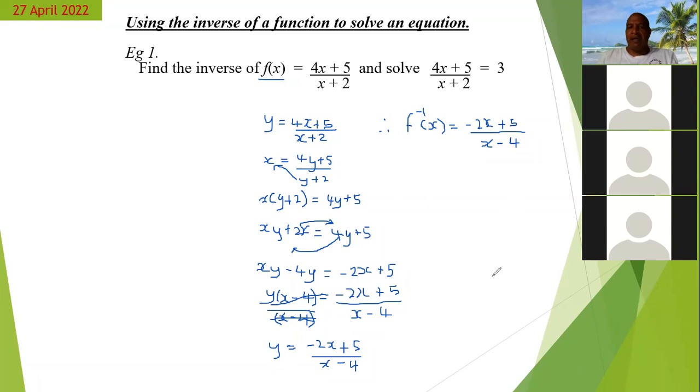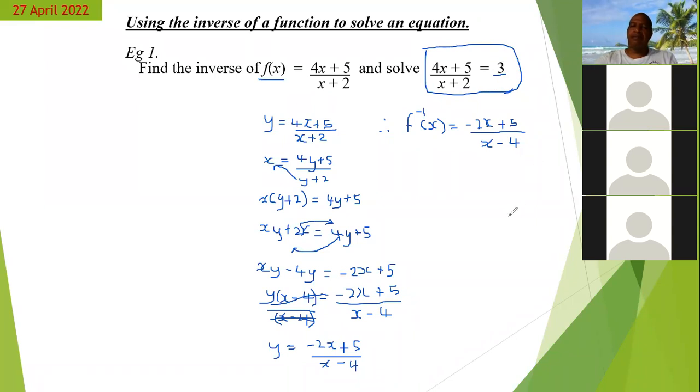All right, so our next step now would be to use this inverse function to solve for x in this equation that we have here. Now, as I said, for this equation, the right side is a y value.